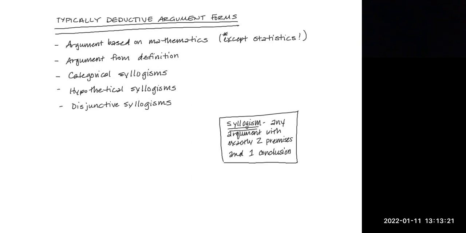A categorical syllogism is a syllogism in which each statement begins with all, no, or some. In other words, that relates to categories.